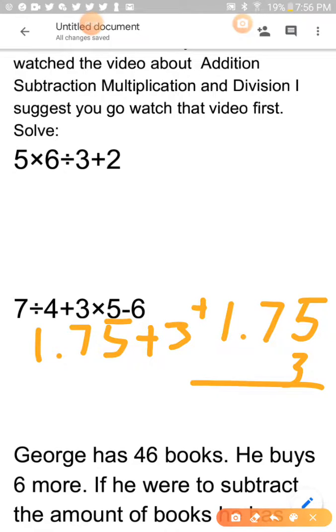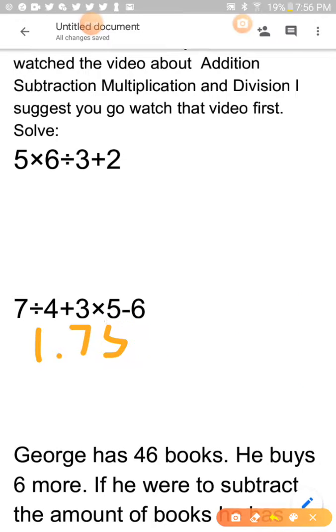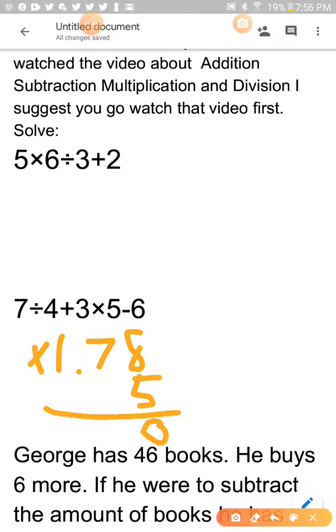So 5 plus 3 gives you 8. 7, 1, bring down the decimal, we get 1.78. So 1.78 times 5. 5 times 7 gives you 35.